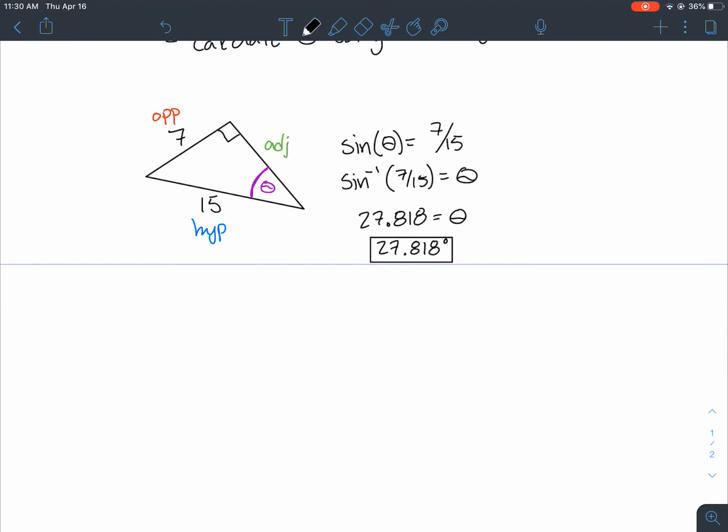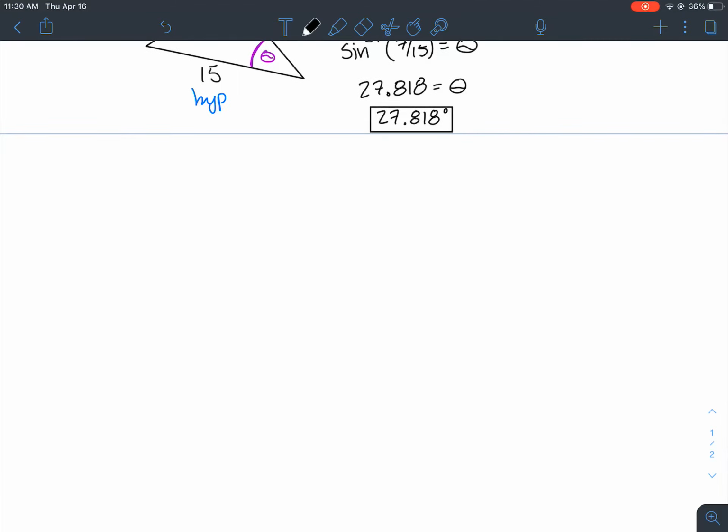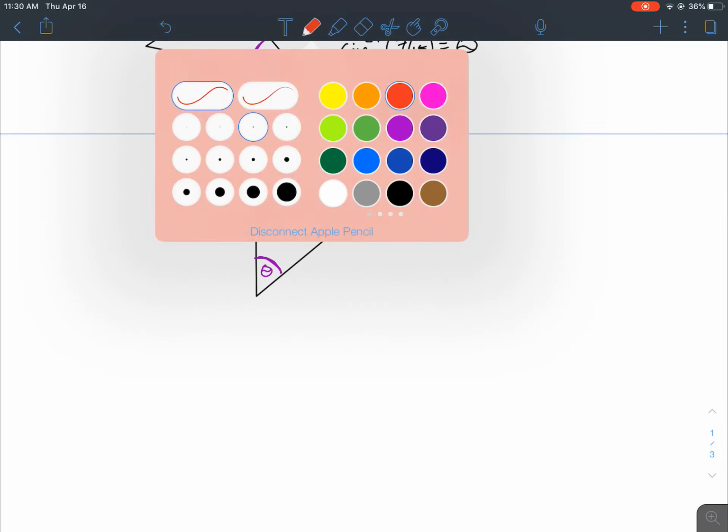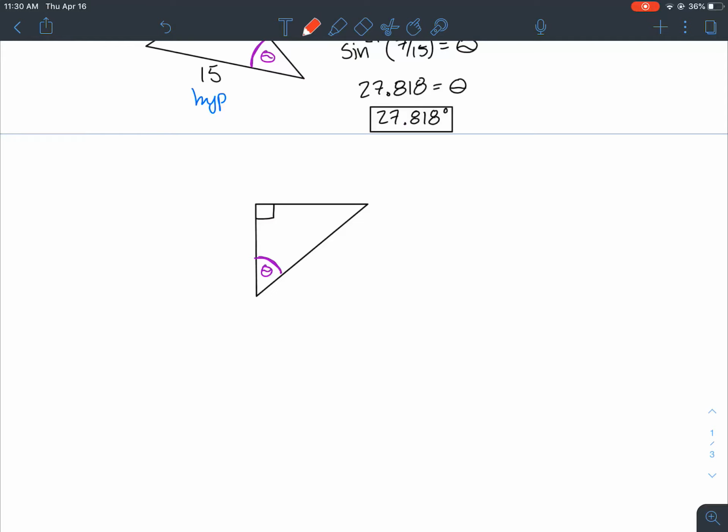Okay, let's do one more. There's my triangle. It's a right triangle. I am looking for my theta here. And I have my opposite side is going to be, say, 10.